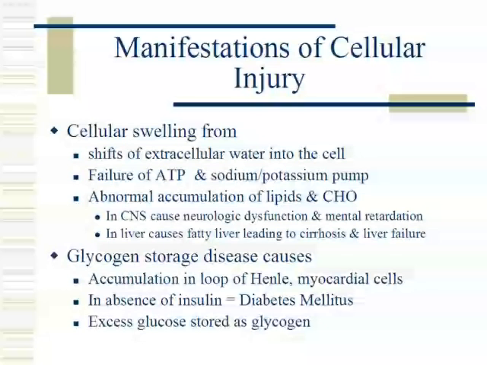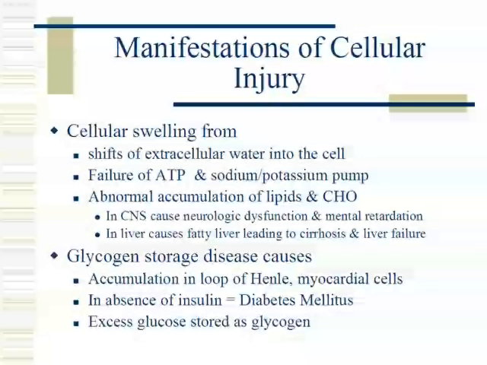You can have glycogen storage diseases that can cause accumulation of glycogen in the loop of Henle and in myocardial cells. And in the absence of insulin, it causes diabetes. It also can cause excess glucose to be stored as glycogen.